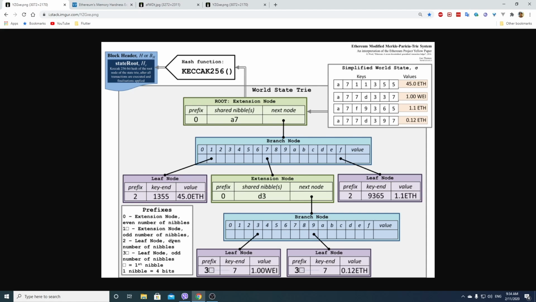Okay, so the only thing we have to cover now is the prefix. We said that extension nodes and leaf nodes have this little prefix. There are two reasons. You can see that these only have 4 different values, right? You can imagine that there are 4 values because there are 2 options, and those options are independent.